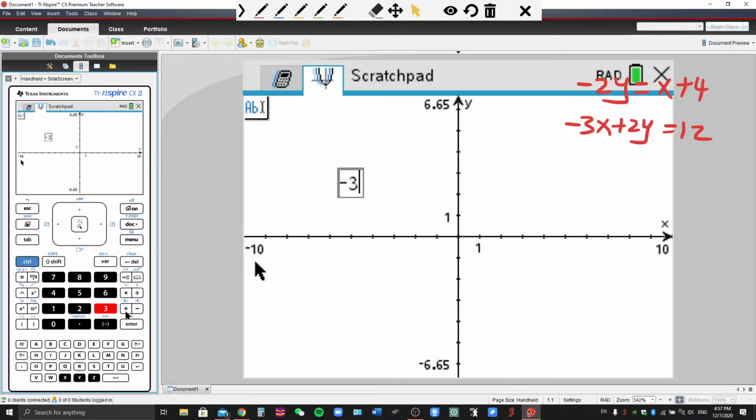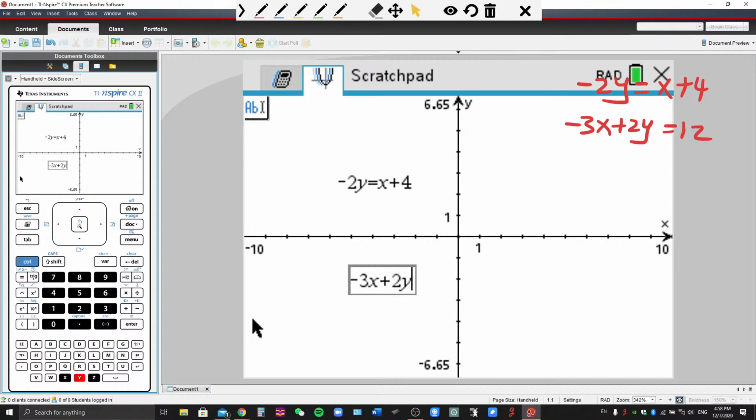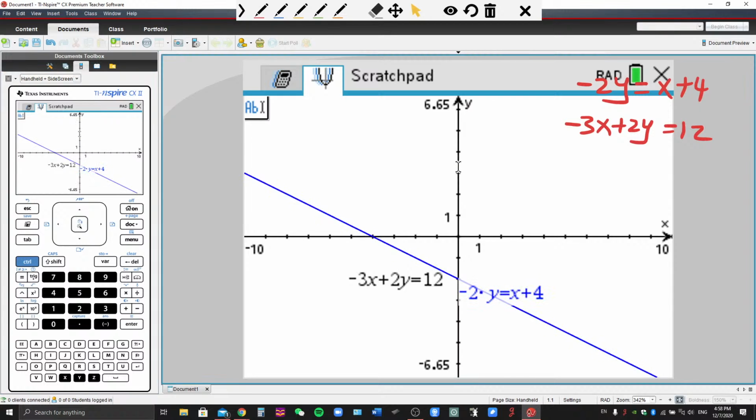Okay, negative 2y equals x plus 4. That's the first one. And let's do the second one: negative 3x plus 2y equals 12. Okay, and drag them to the graph. Okay, now we have it. That will be the two graphs.